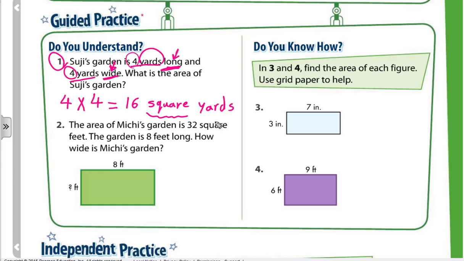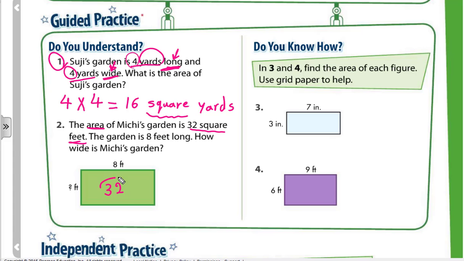The area of Mike's garden is 32 square feet. The garden is 8 feet long. Okay. First thing, what's 32 square feet? This is the area. Look at the picture down.